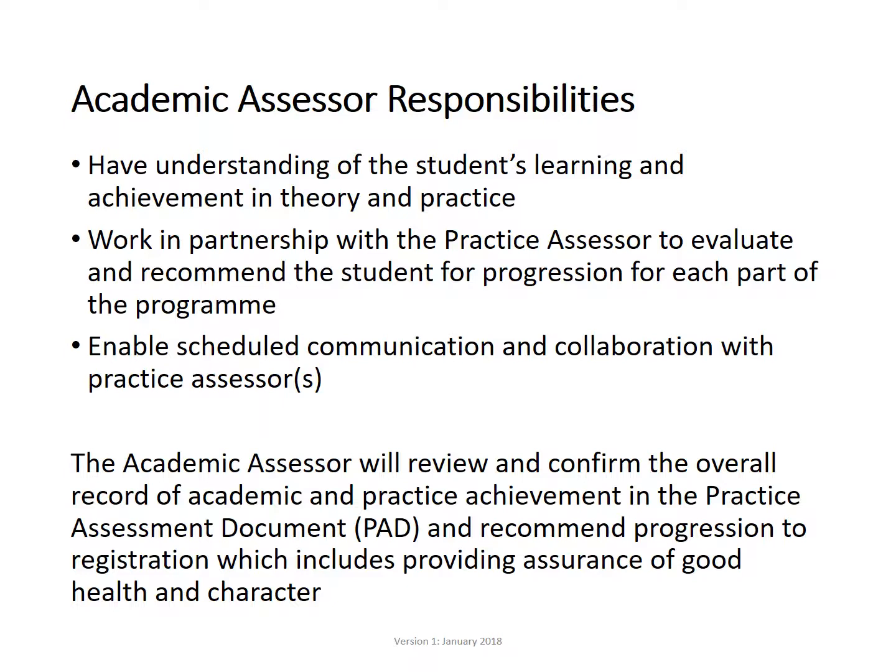So it's about two-way communication between you and practice. You have to review and confirm the student's academic profile and record that in the pad, as well as having an oversight of what's been going on in practice and having a verification interaction with the practice assessor.